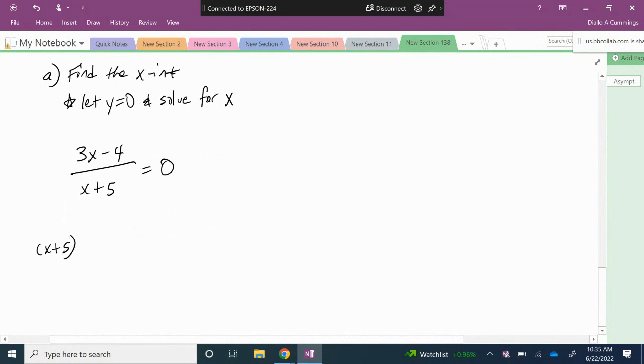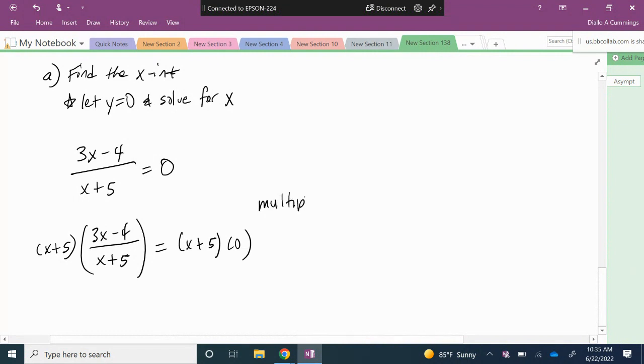I'm going to multiply the left-hand side by x plus 5, and I'm going to multiply the right-hand side by x plus 5. So we multiply both sides by the least common denominator, which was x plus 5.